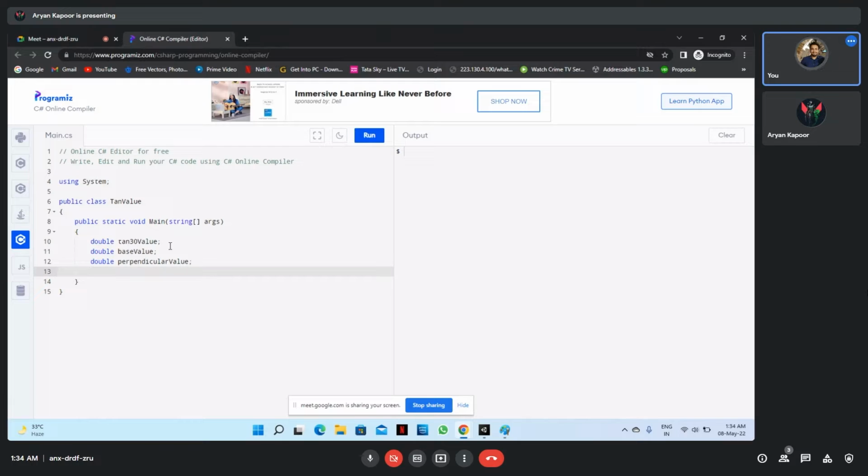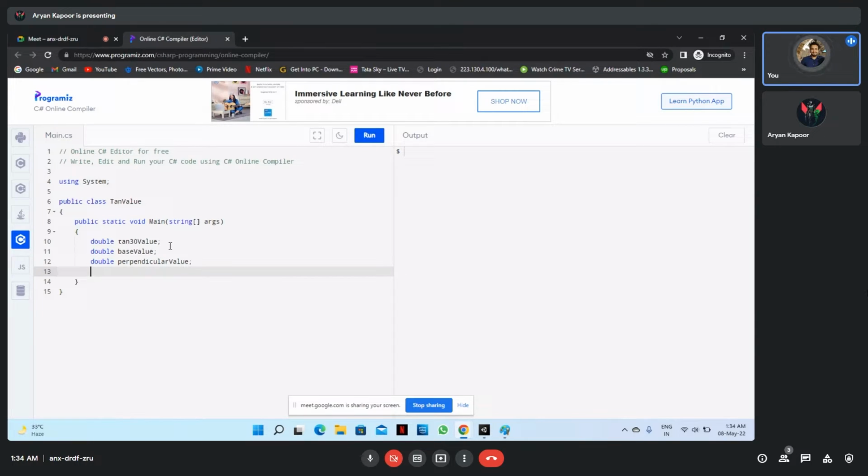So you have written this. Okay, so you are giving inputs here. Kindly mention it in a comment line. First, we enter the tan 30 value here. Aryan, before doing that, just mention in a comment line what you are doing in lines number 10, 11, 12, so that the other party can get an idea. You should always use comment lines.